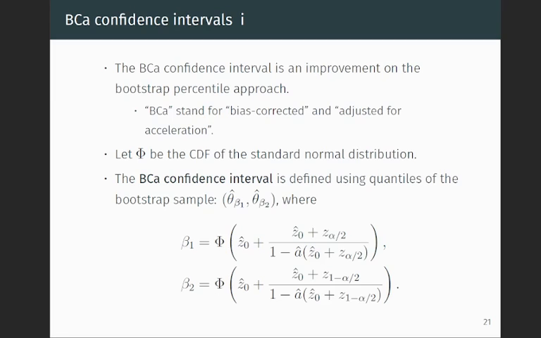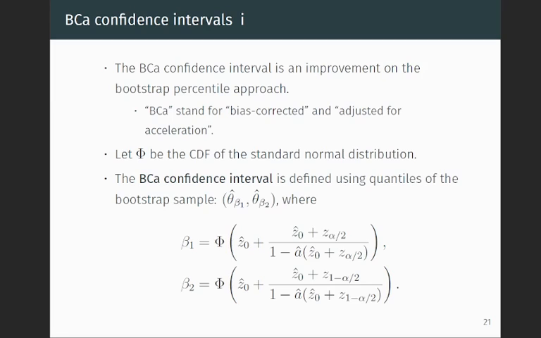Okay, so this one is a lot more involved in terms of definitions. So let's start first by defining capital Phi to be the CDF of the standard normal distribution. And then the BCA confidence interval is defined using the quantiles of the Bootstrap. And then the values at which we evaluate those quantiles, beta 1 and beta 2, are defined as follows.